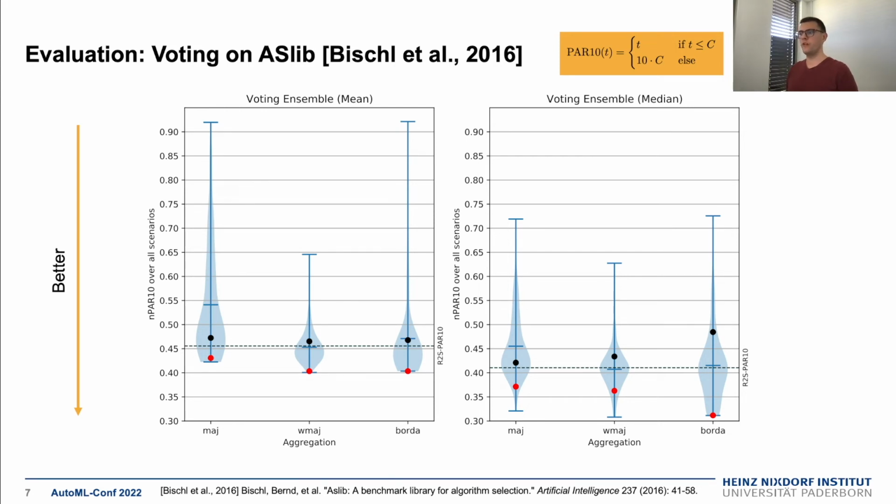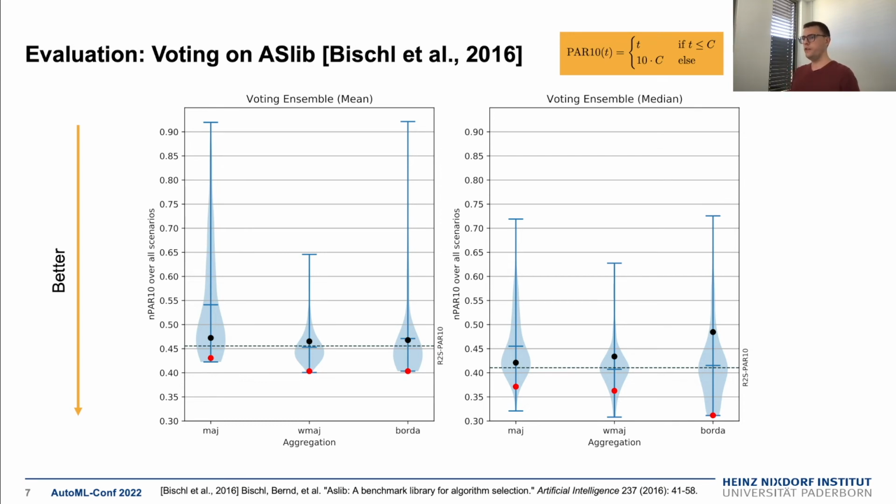Now we have a similar graphic here for the voting ensemble, which also performs quite well. However, this time we look at violin plots, which basically show how different compositions of the ensemble employing different algorithm selectors work. The dark dot is the ensemble composition that you get when you optimize the composition on a different validation data set, whereas the red dot is just the performance of the ensemble containing all of the selectors.